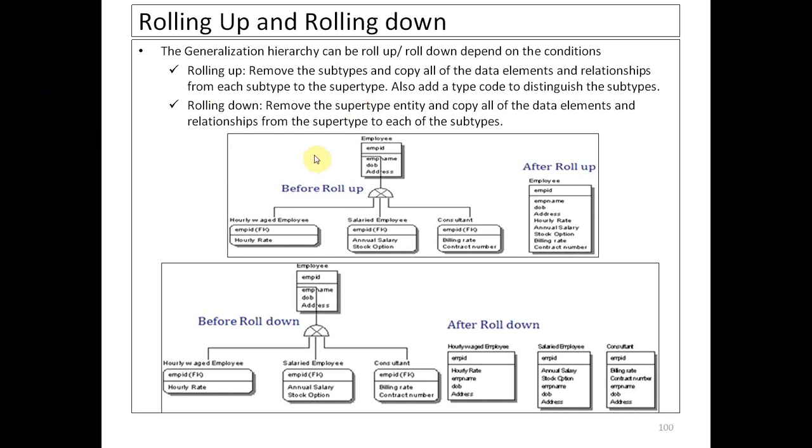Rolling down is nothing but removing the supertype entity and copying or duplicating the data elements across the various subtypes. One can see the effect of roll up and roll down in the diagrams below, and I leave it to your interpretation and understanding.